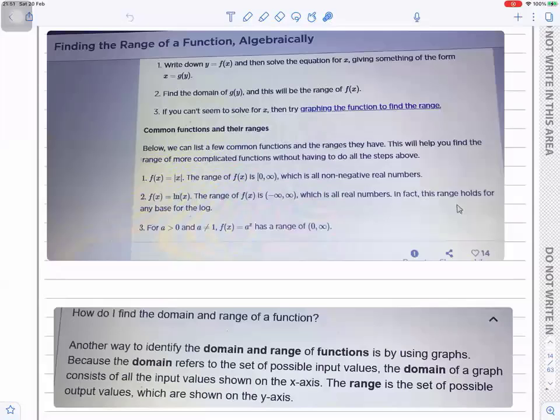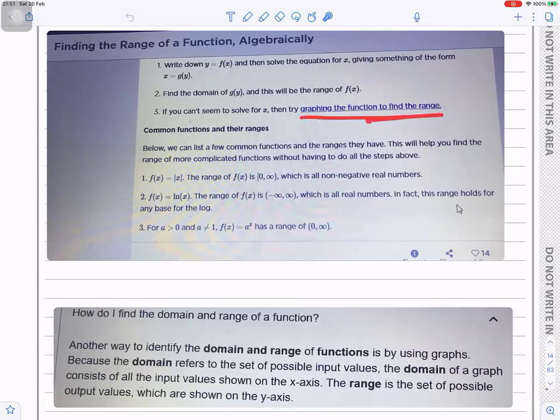And this is some definition on how to find the range of a function. So you could follow these instructions when you have future questions to help you find the range of a function. You write down y equals f of x, solve the equation, find the domain, and then if you can't solve it, you use a graph to find the range.